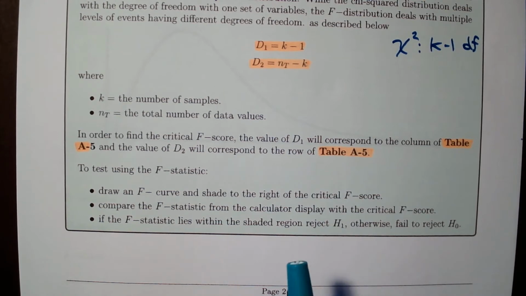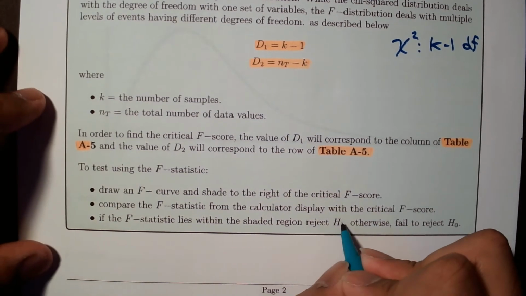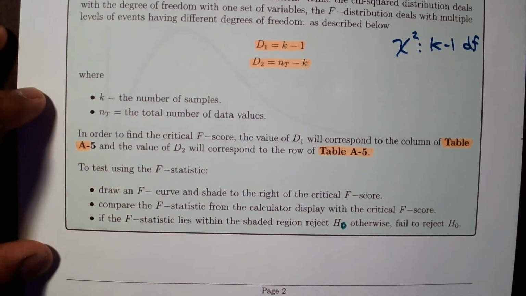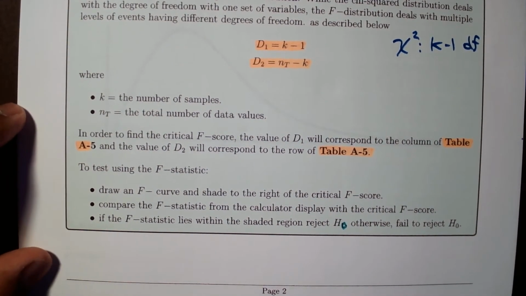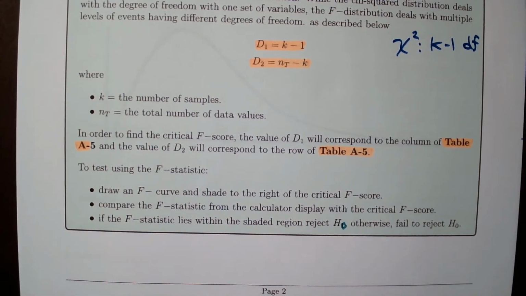As usual, if our statistic value falls within the shaded region, we reject the null hypothesis. Actually, we reject the whole, not the half. Otherwise, we fail to reject the whole.